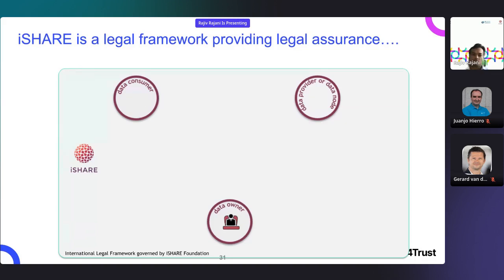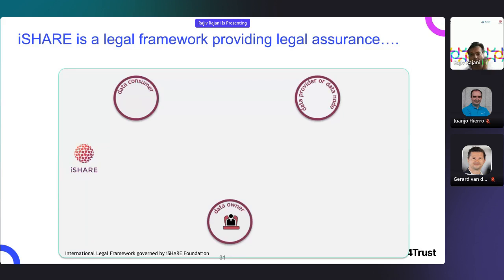And there is a data owner role, which is the owner of the data, who wants to share some data with the consumer, and it uses the data provider where the data is residing, and it asks the data consumer to actually get the data from the data provider. So I think in most cases this is how data sharing would look.